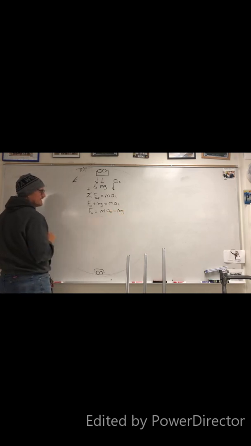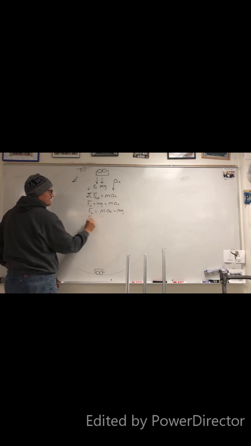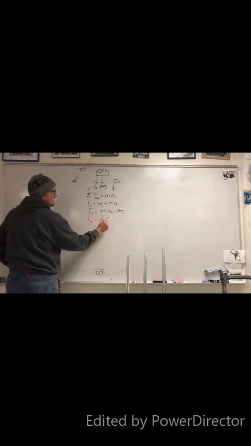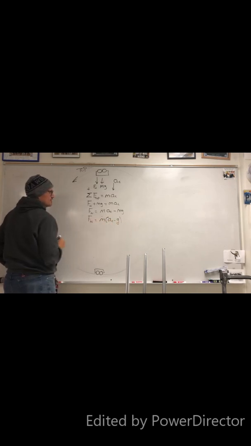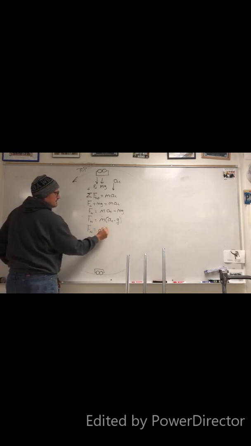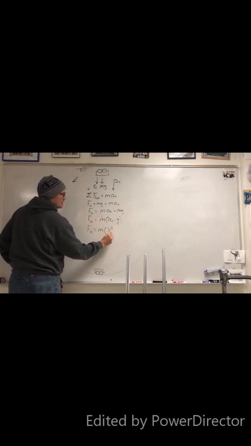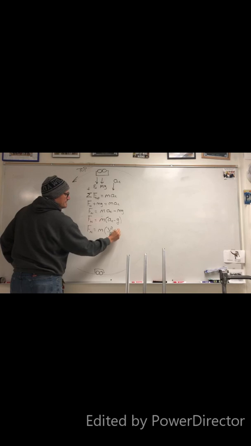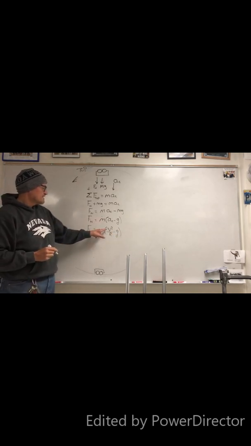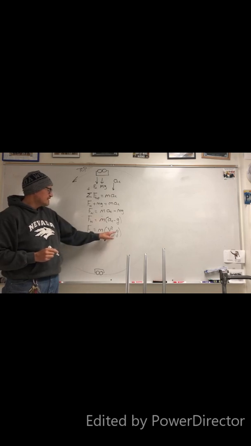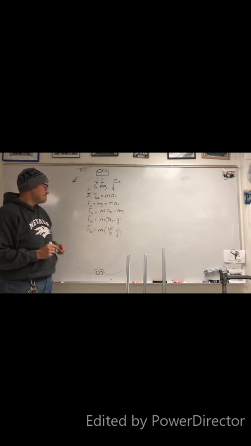I can factor out the m, and I have centripetal acceleration minus g. I can go one step further: centripetal acceleration is v squared over r, so N = m(v squared over r minus g). This tells us how we can calculate the normal force, speed, since we have radius, acceleration due to gravity, and mass.